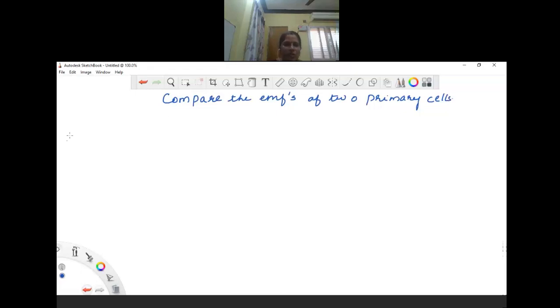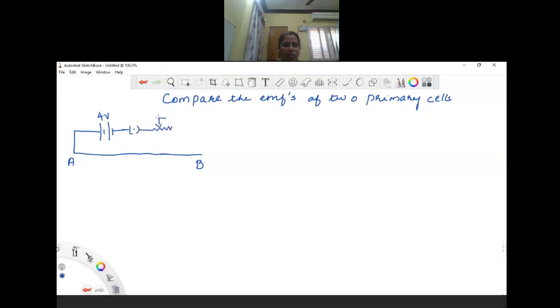So now I am going to draw the circuit diagram here, children. This is the potentiometer wire AB, and from the A terminal of the potentiometer I am going to connect a battery. Let it be either 4 volt or 6 volt, whatever it is. Key. Then we are going to connect the rheostat.